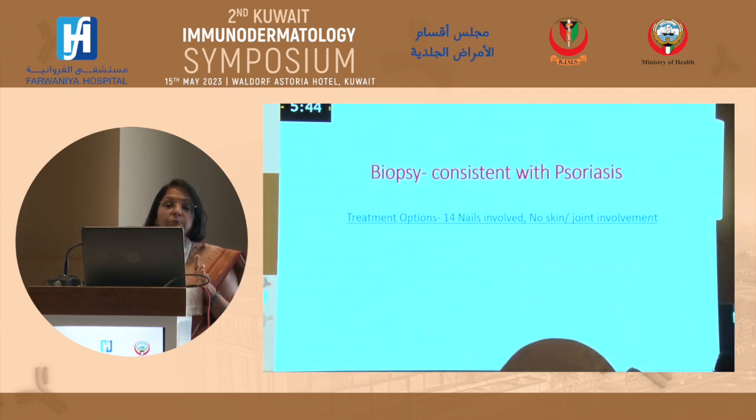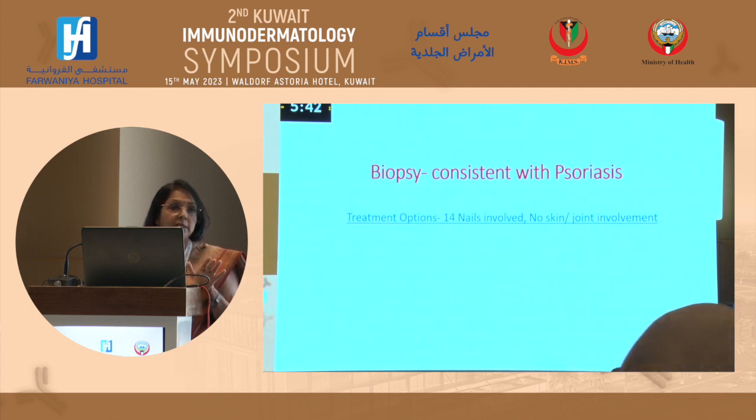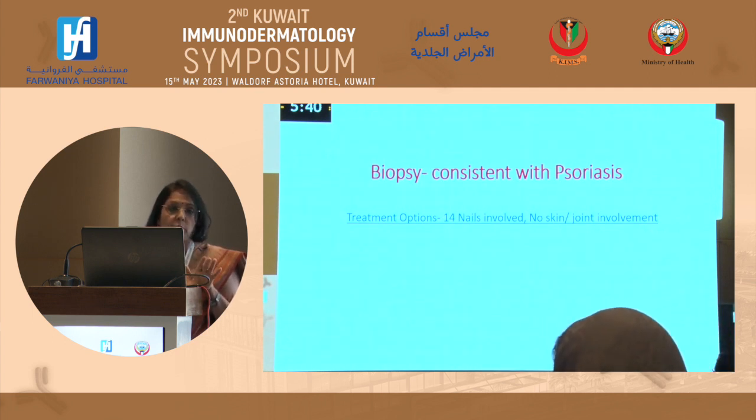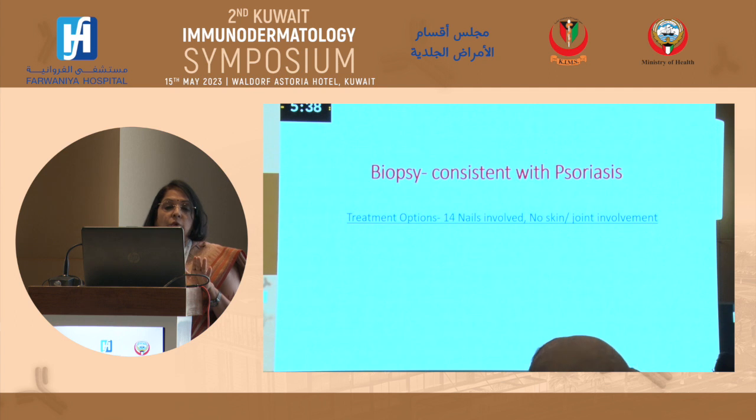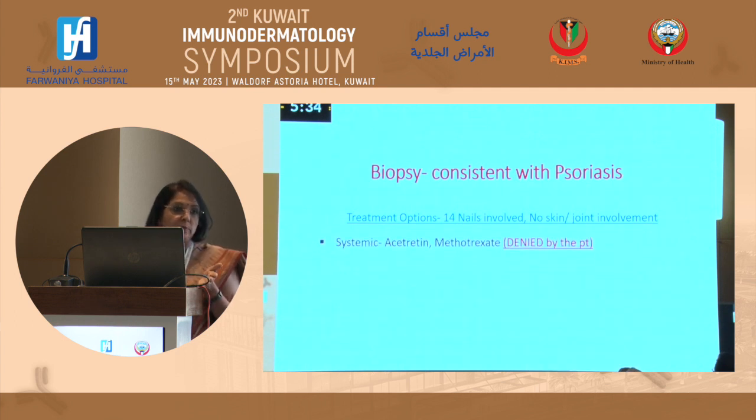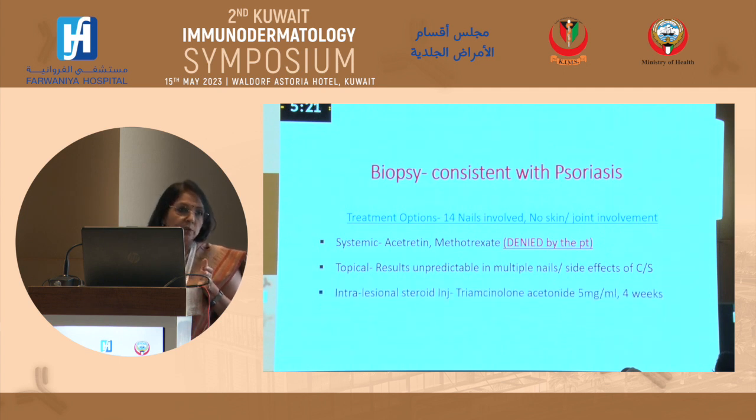So there were treatment options. 14 nails were involved in total, with no skin or joint involvement. So we gave her the option of acitretin and methotrexate. She denied because she was about to get married. So what I did, since topical treatment would have been very difficult and absorption is very limited, was give intralesional steroid injections, triamcinolone acetonide 5 milligram per ml, every 4 weeks.